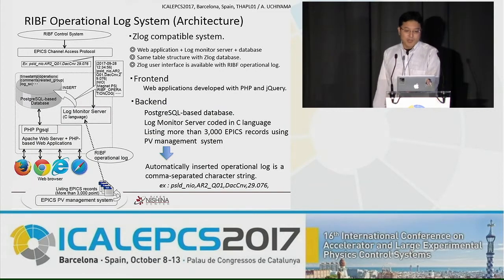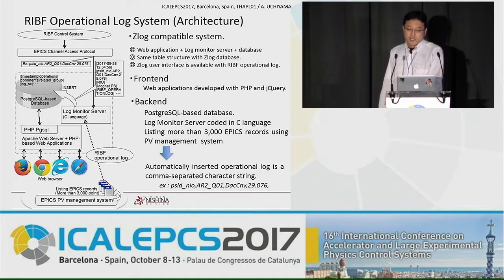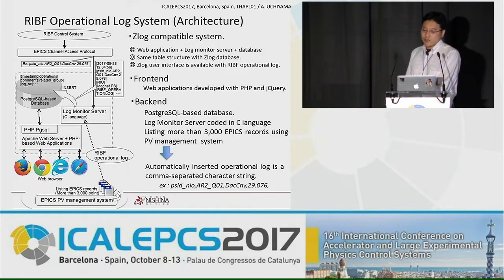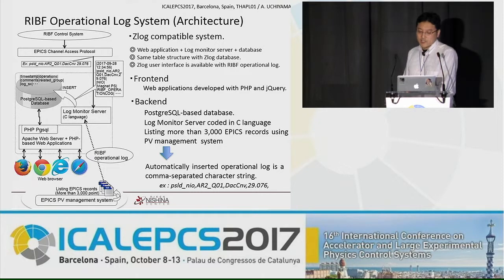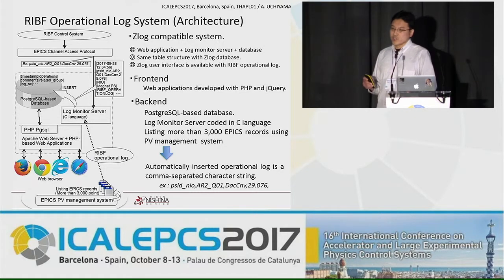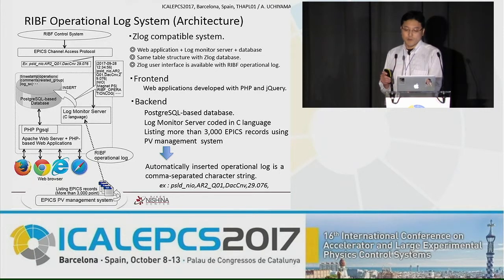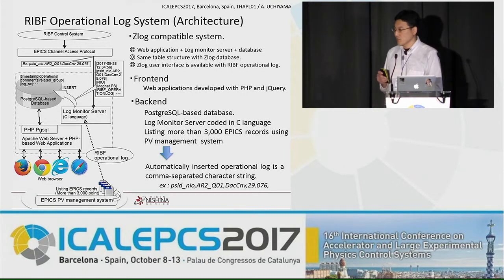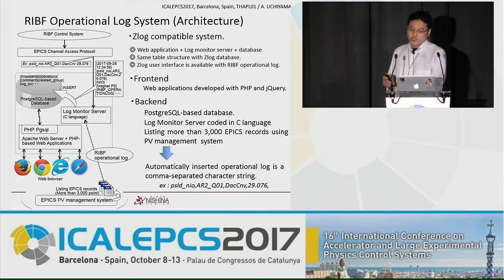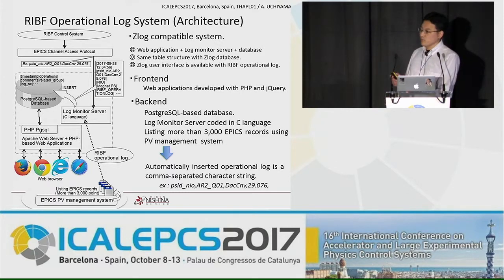This slide shows about the system architecture. RIBF operational log is a compatible system with Zlog. It consists of web application, log monitor server, and database. About the database, it has same table structure with Zlog database. So Zlog web applications are also available to access RIBF operational log system database. We utilize PHP and jQuery for development of web application.